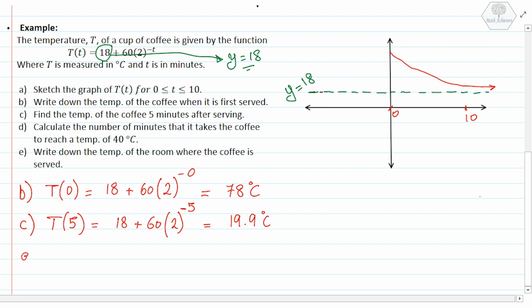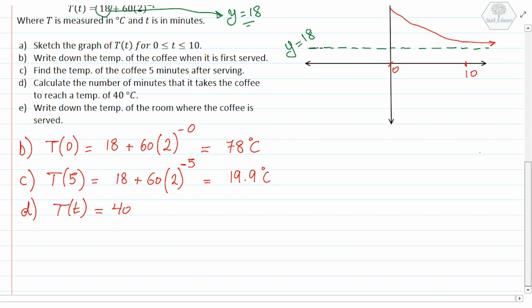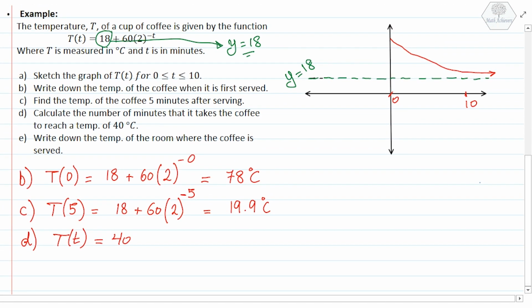Part D, we need to calculate the number of minutes it takes the coffee to reach a temperature of 40. Now, the function has a value of 40. So in order to solve it, I have to substitute 40 for the value of the function.